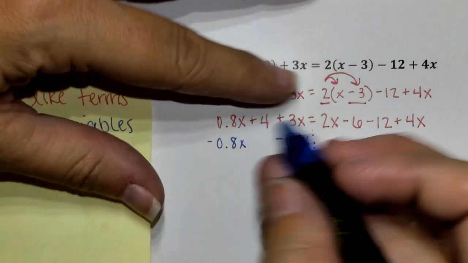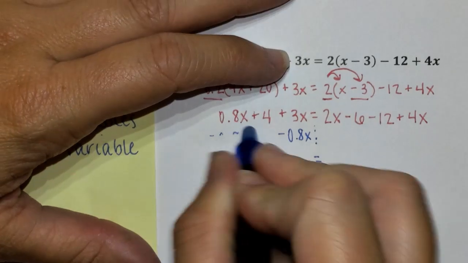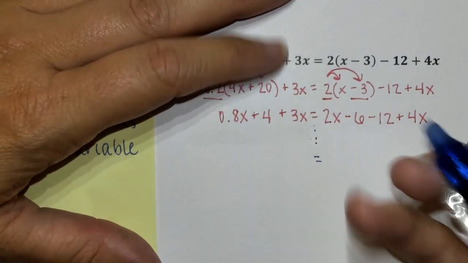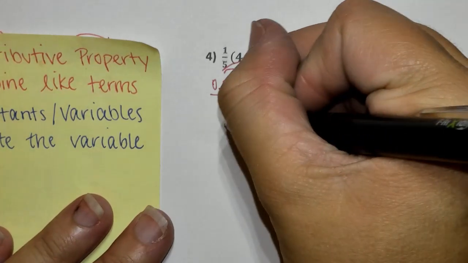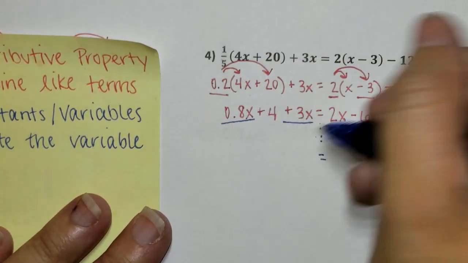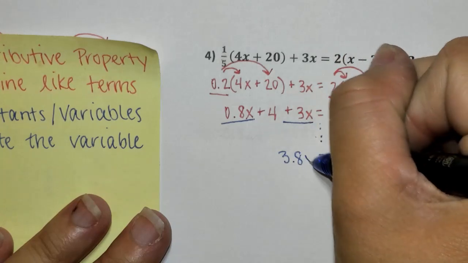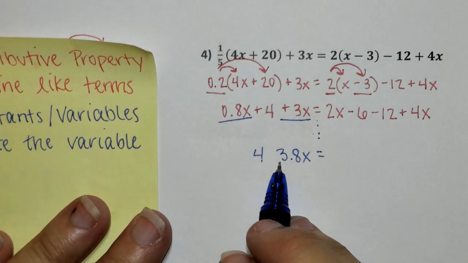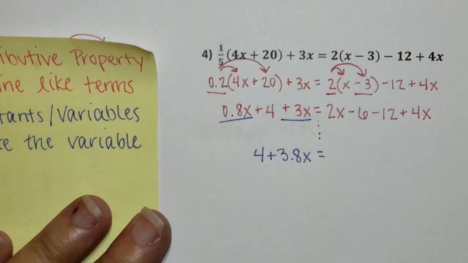That's why step 2, it's why we combine like terms before we start undoing things. So here, notice I've got this 0.8x and this positive 3x on the same side. It's just going to be 3.8x. That positive 4 just comes down. And since this is a positive 3.8x, I just put a plus sign between them.